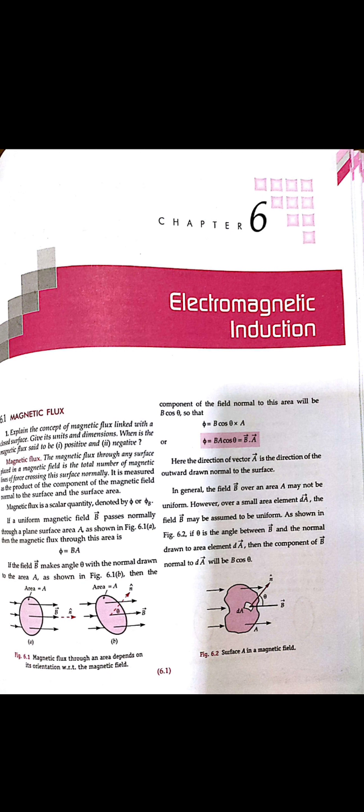So if a uniform magnetic field B is perpendicular to a plane surface of area A, then it is taken as the magnetic flux. What will it depend on?